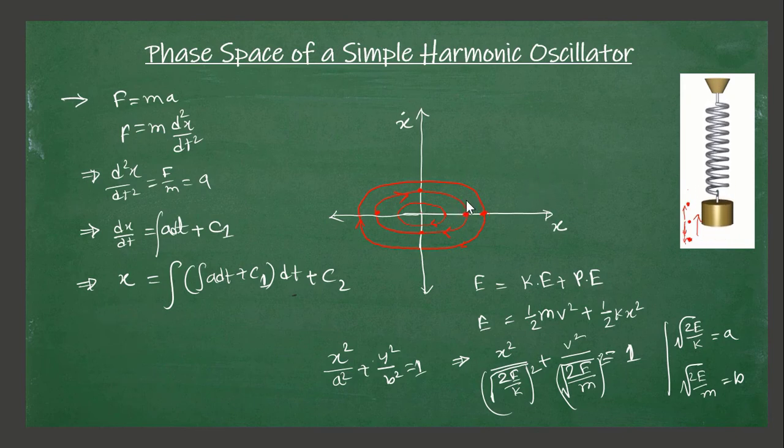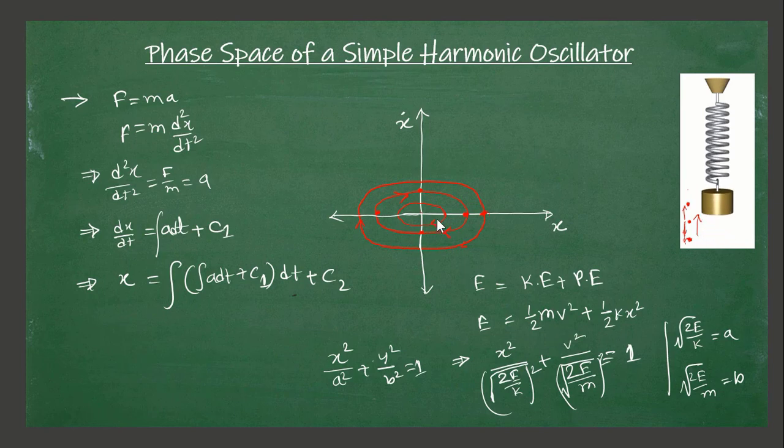Now, why is this phase space important? Well, as you can see, a particular motion represents a unique trajectory in this phase space. So if you can just specify a single point on this trajectory, you can actually find out that trajectory, right? By using this conservation of energy.